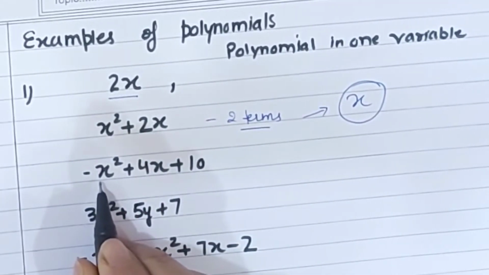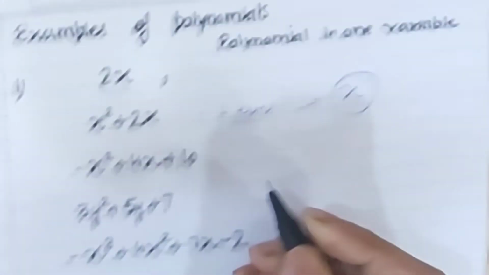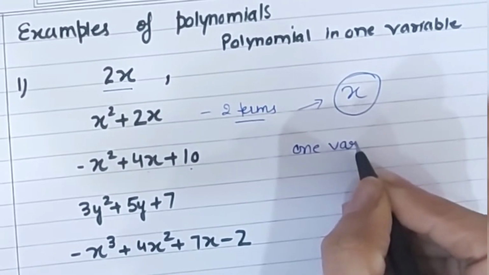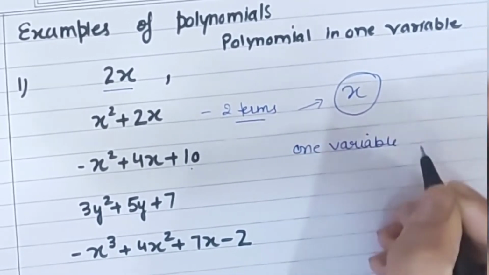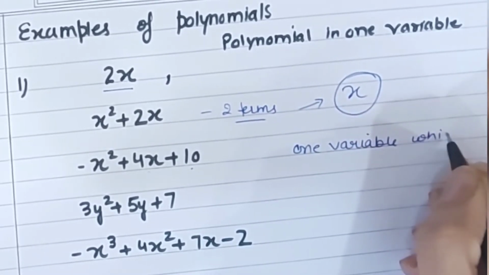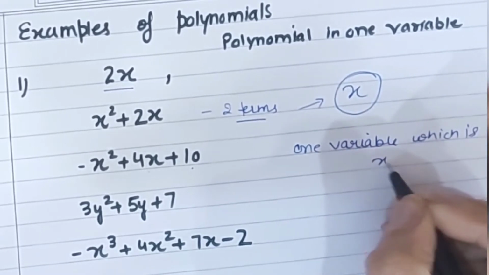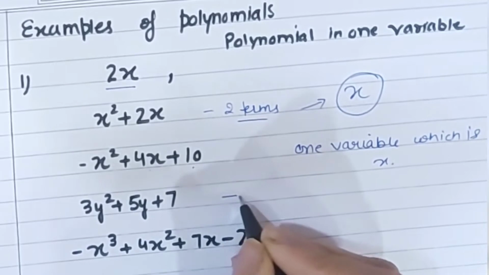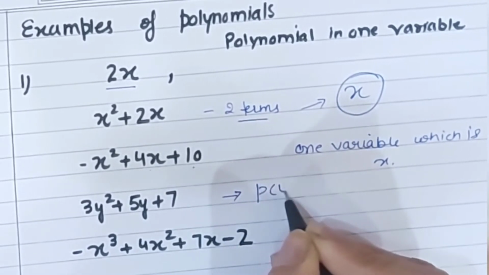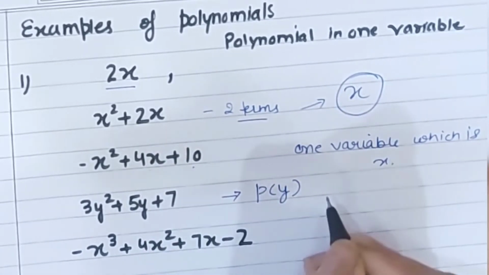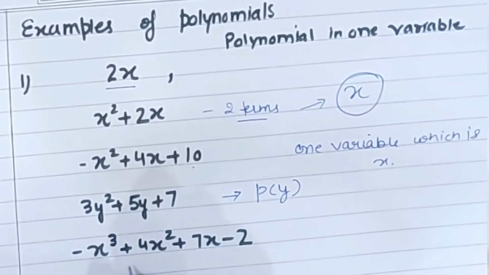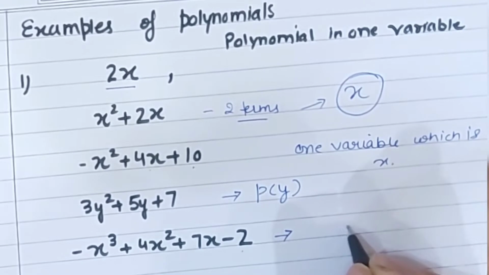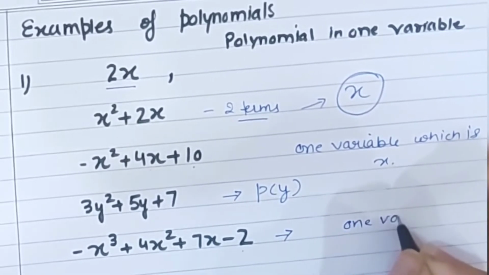Now this one, minus x square plus 4x plus 10, is also a polynomial in one variable which is x, right? Now here 3y square plus 5y plus 7 is a polynomial in variable y, in one variable only, y. And this is also a polynomial in one variable which is x.